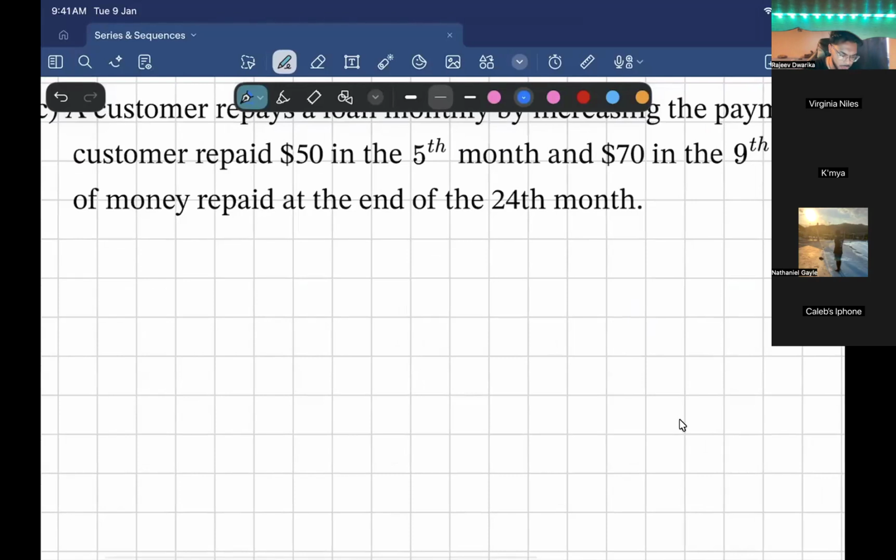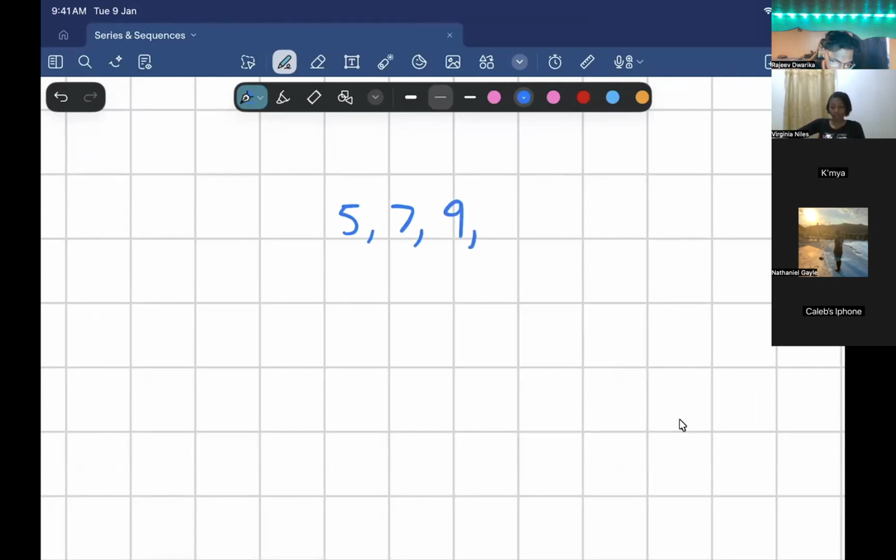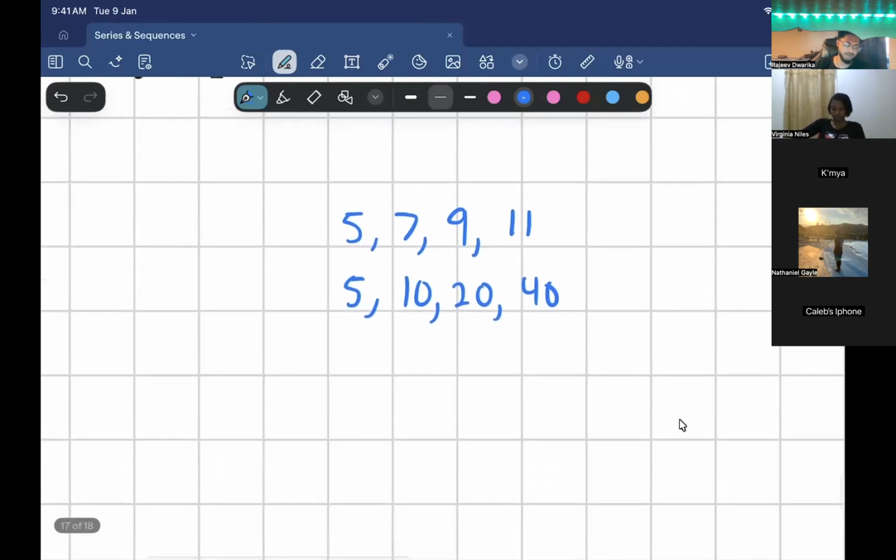Let me give you two sequences here, and I want you to tell me which one looks like an AP. Which one do you think is an AP? The second one. Nah. Okay, all right.